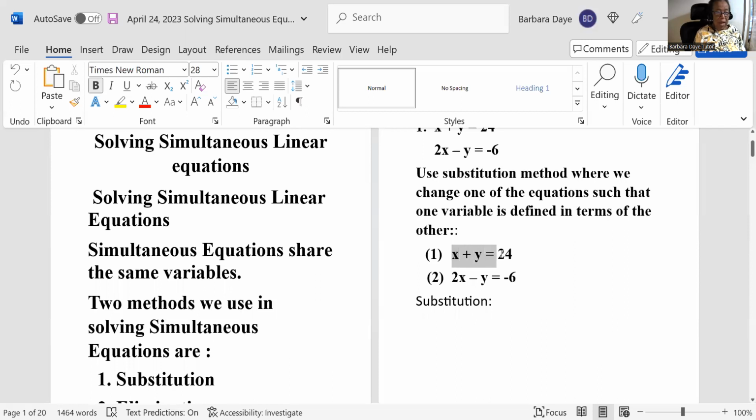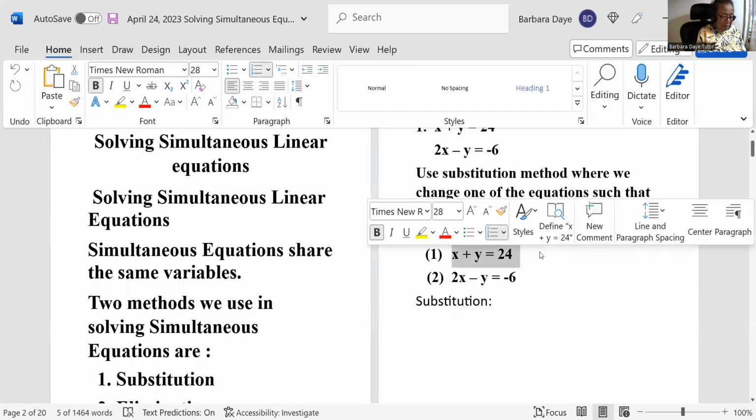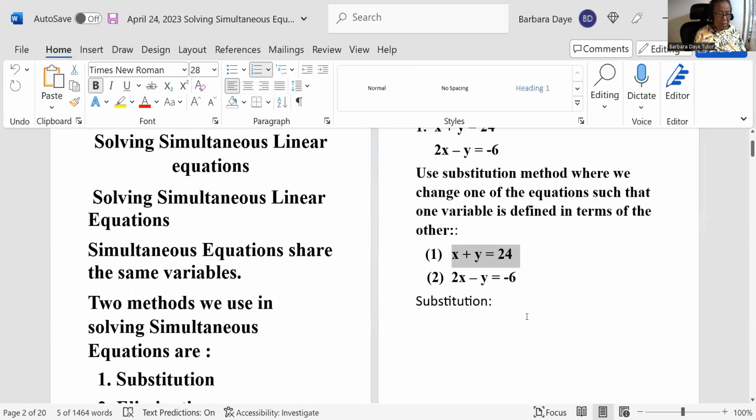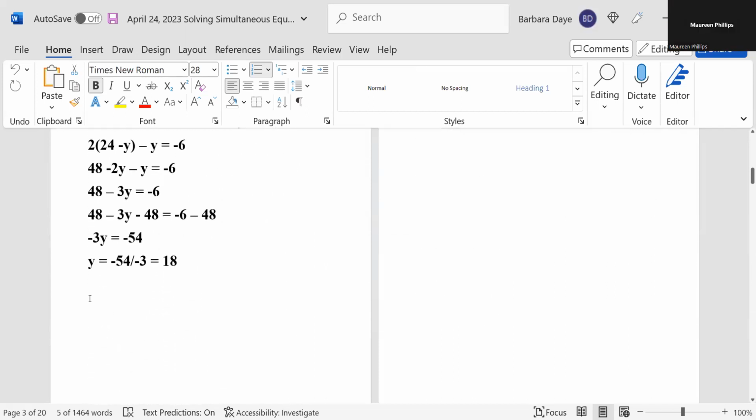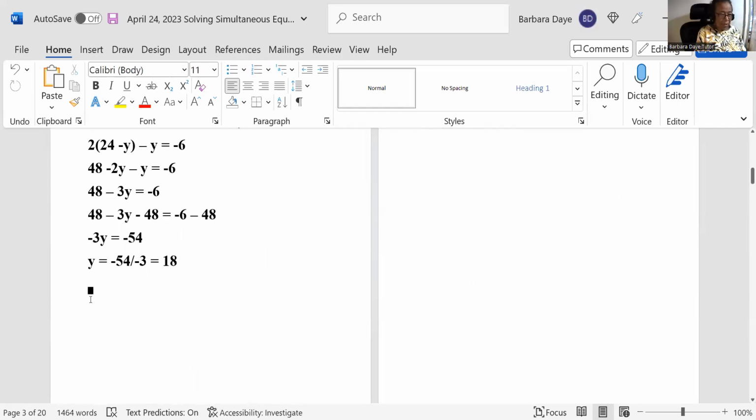We know what y is, so we can figure out what x is, right? Let me just copy that equation here.